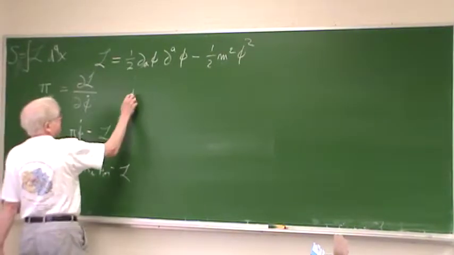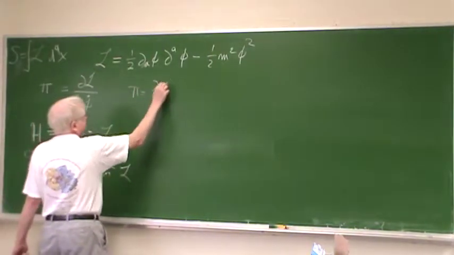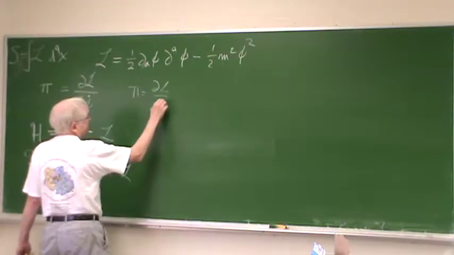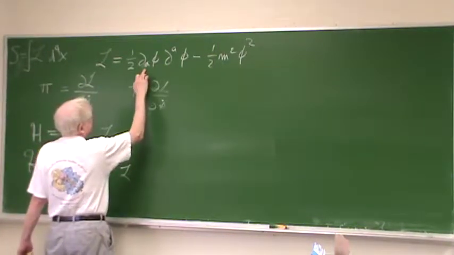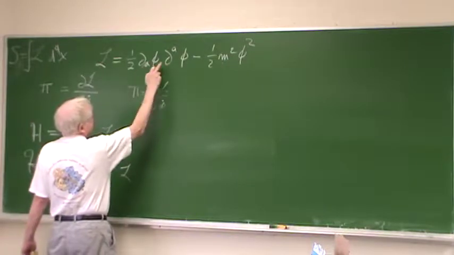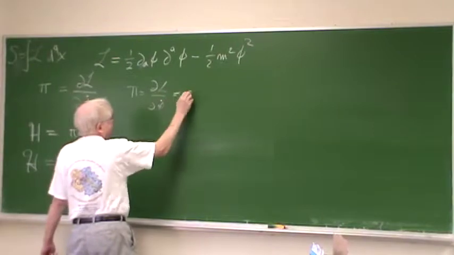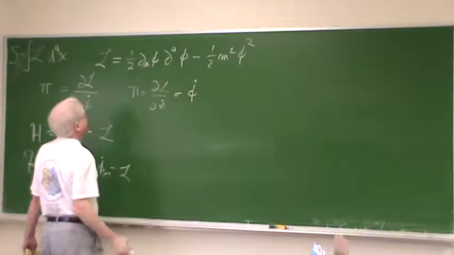In this case, the momentum pi is partial L, partial phi dot, or the derivative with respect to the time derivative. That gives us this, but the thing is squared, and so we just wind up getting phi dot.